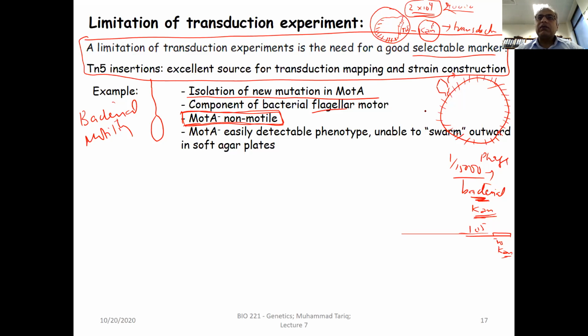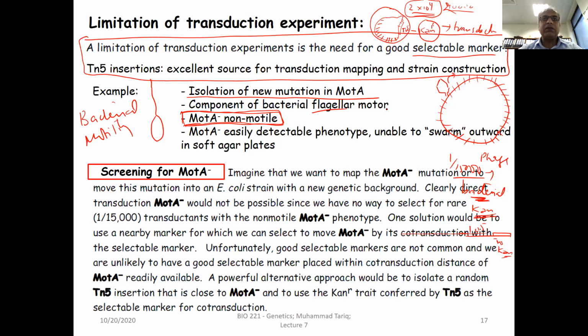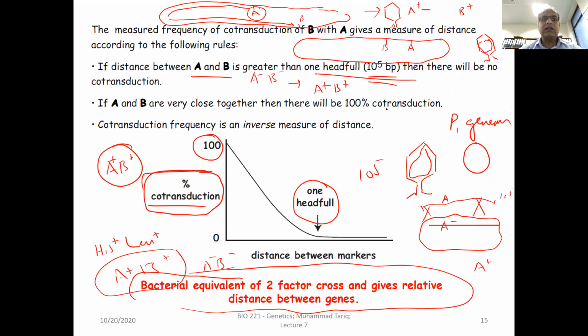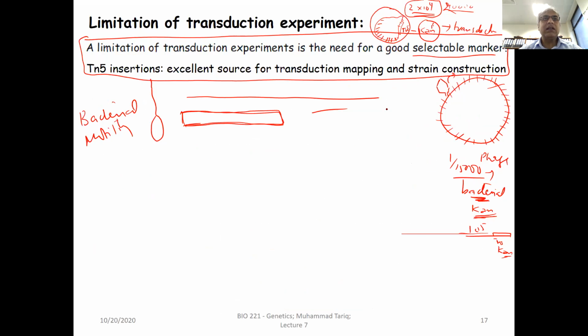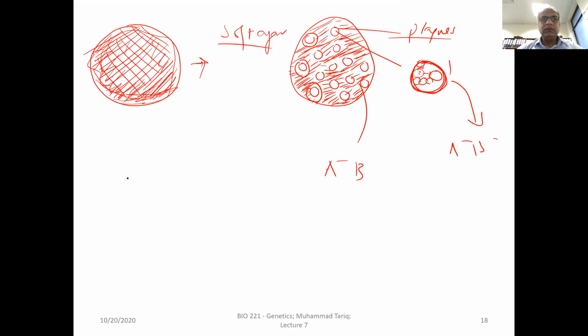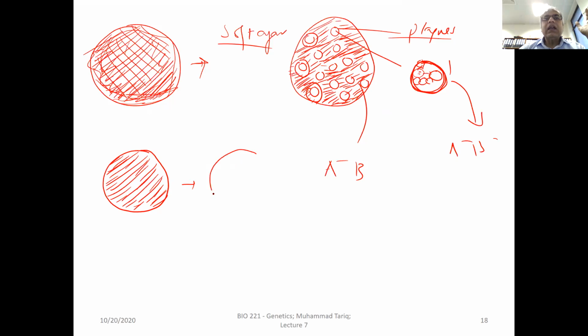I just gave you an example of, where's that slide, the blank slide I added. Here. You can plate bacteria, and then you overlay with soft agar, which contains nutrients. So the bacteria from the bottom layer will move up.